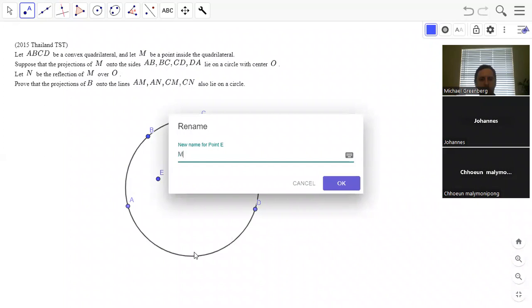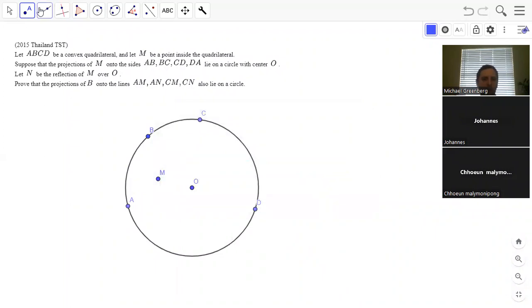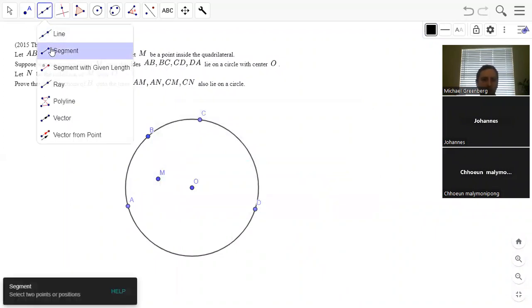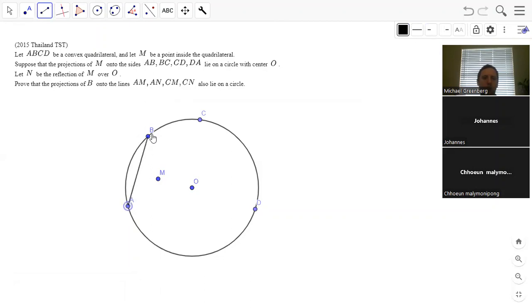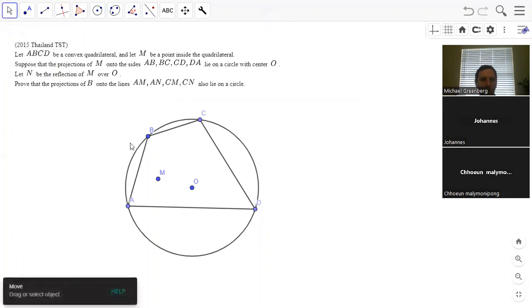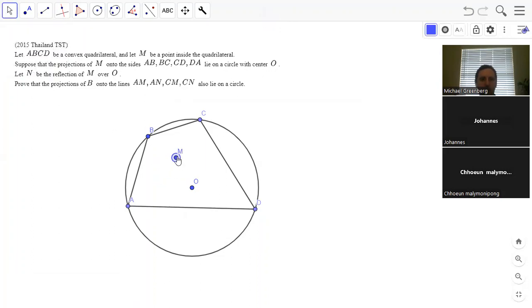Okay, so this would be M, and then I draw the projections of M onto those 4 sides. Oh, but the projections are what lie on a circle.